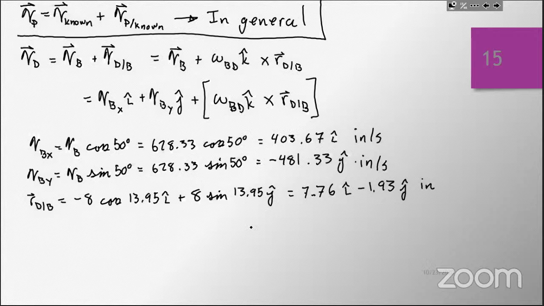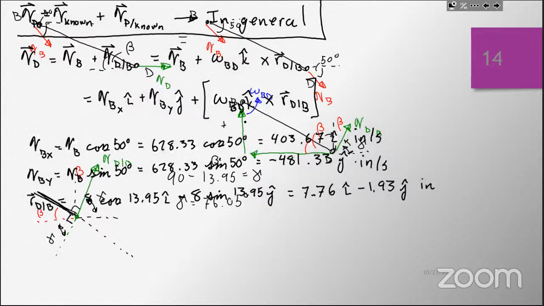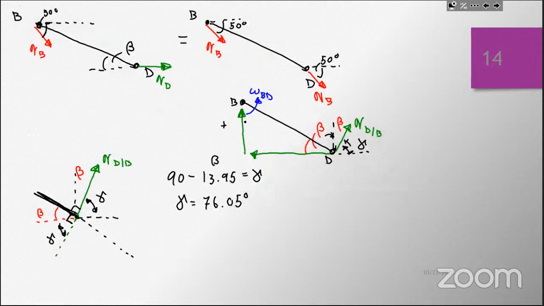All right. Turns out that I messed up my signs here, right? Because what did I tell you guys? All right, let's go back. R of D with respect to B is how I go from B to D, right? From B to D. So the sines and cosines are the same.